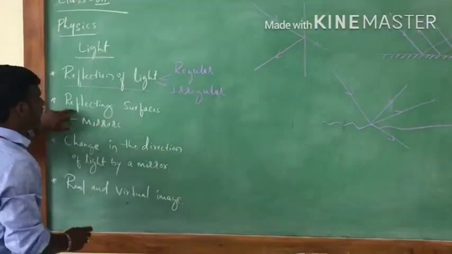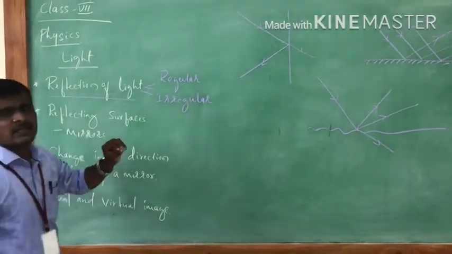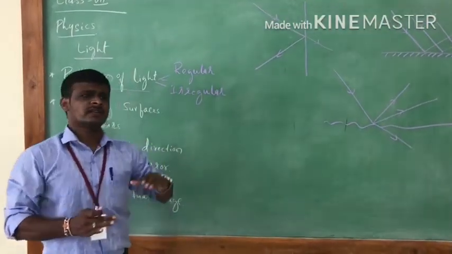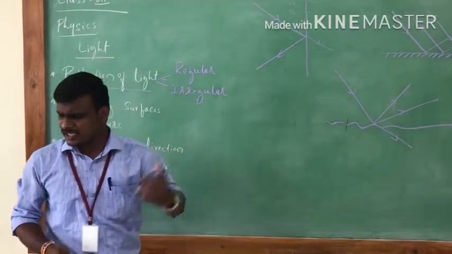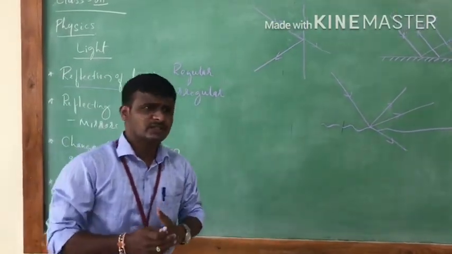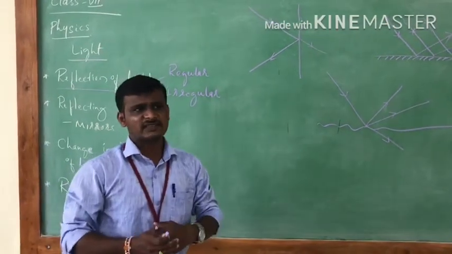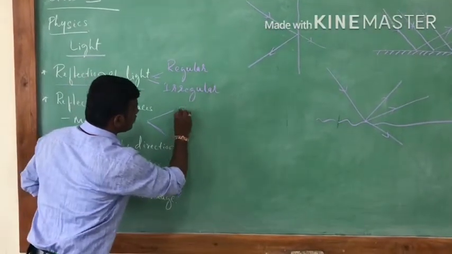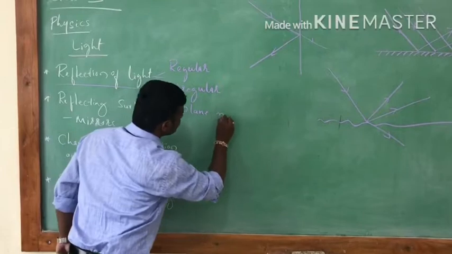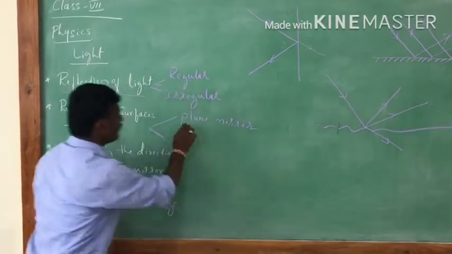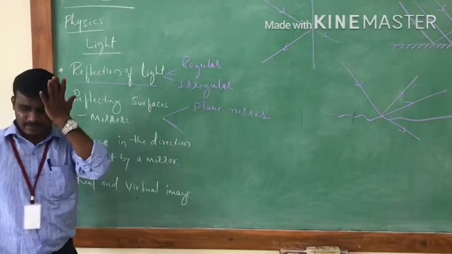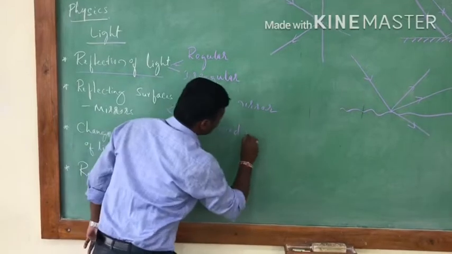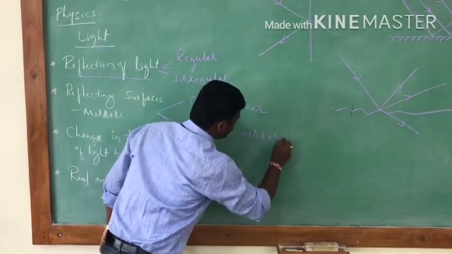The next thing is reflecting surfaces or mirrors. Reflecting surfaces are those surfaces where the light bounces back. Here we are going to study two types of reflecting surfaces. The first one is plane surfaces or plane mirrors, and the other one is curved mirror.